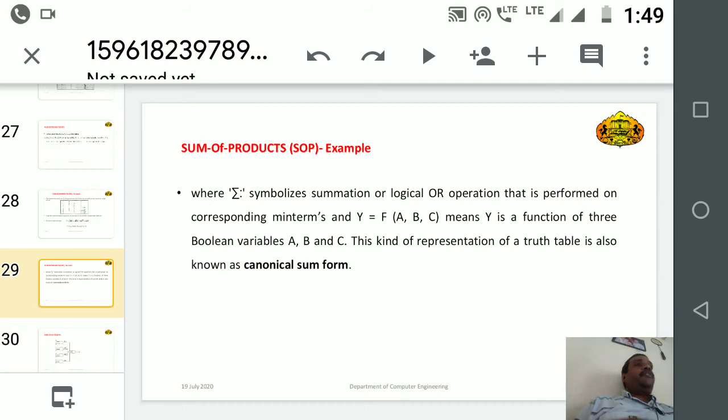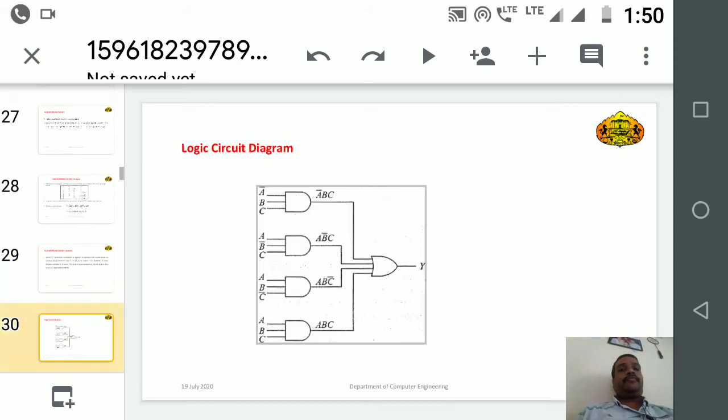So you represent this SOP expression in the form y is equal to summation of m(3, 5, 6, 7), since only four outputs are present, and this representation is known as the canonical sum form. This is the representation of the above example.